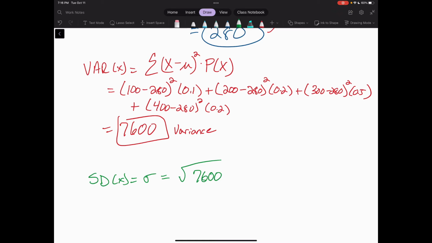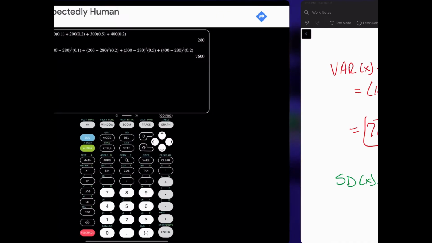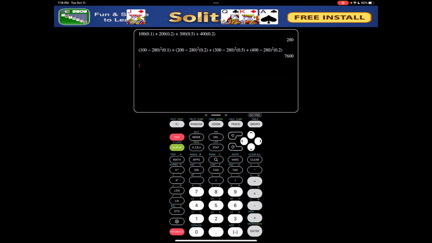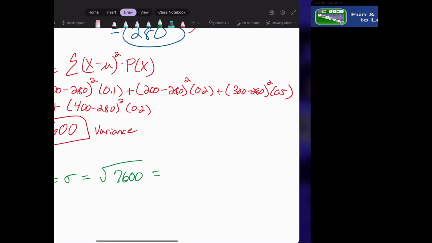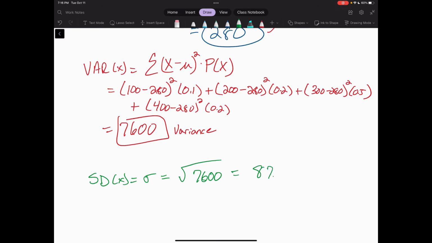It's the square root of the variance, which equals, to 2 decimal places, 87.18. So that gives you an idea of the spread of the possible outcomes for this experiment.